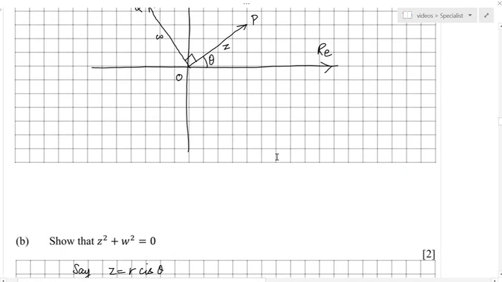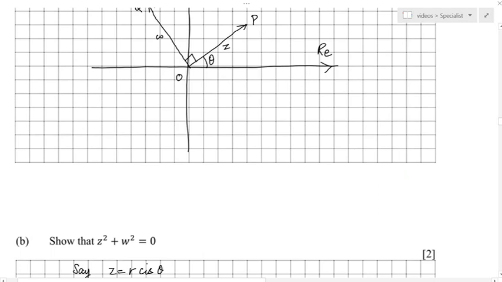Once you have this Z, you can find W as well. Again, to describe W, you need the length as well as the angle it makes with the real axis. So the length of W is also r, because it's an isosceles triangle and OP and OQ are equal.